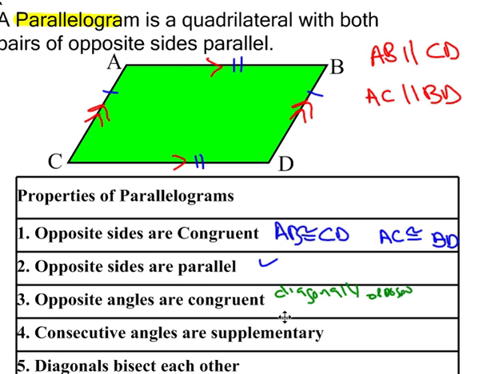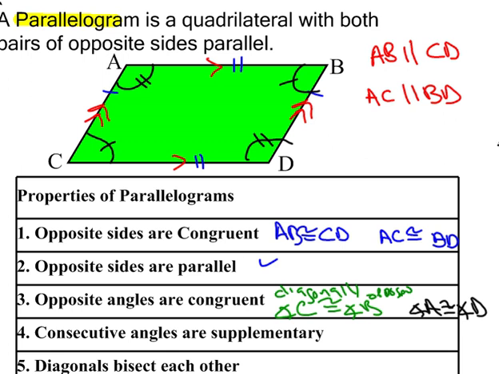So for example, angle C is congruent to angle B. They are opposite angles. And A and D are also opposite angles, so angle A is congruent to angle D.